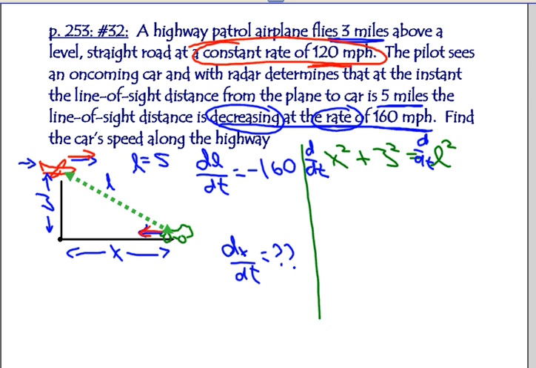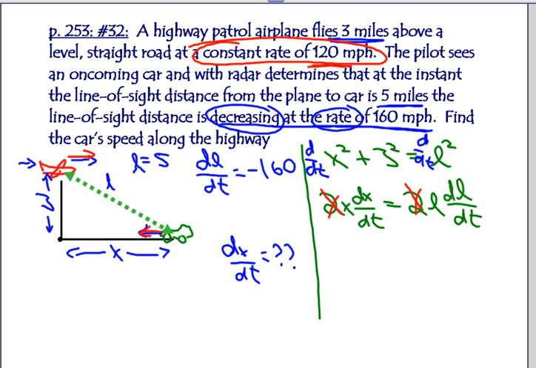For x squared, we get 2x dx/dt. And again, that 3 is a constant because the plane is flying 3 miles above a level straight road, so the derivative of a constant goes away. On the right side, we get 2L dL/dt. Just to make things slightly easier, we can cross off the 2's.